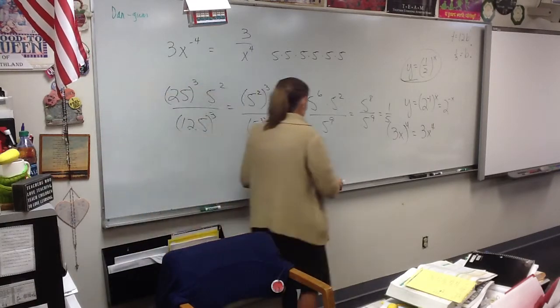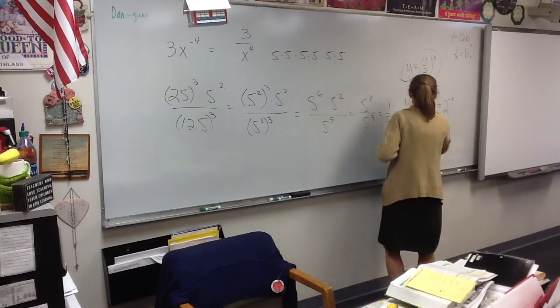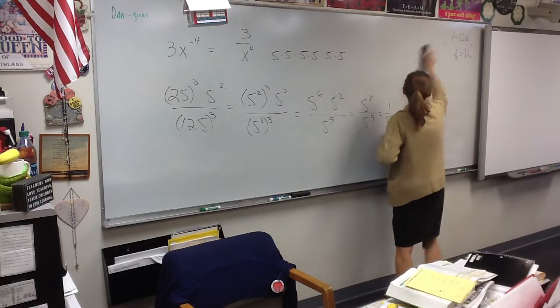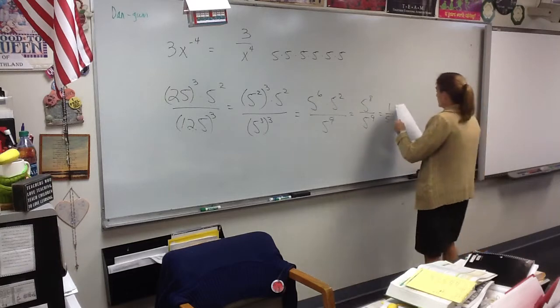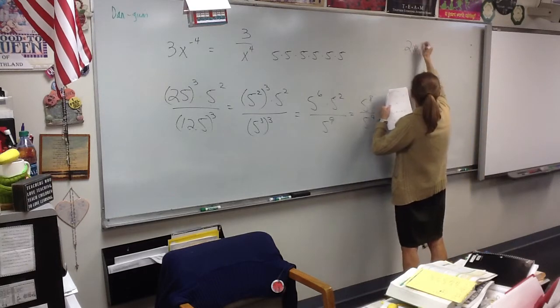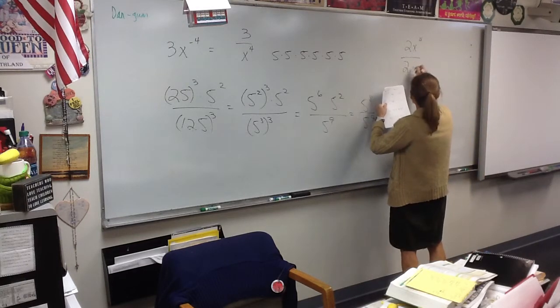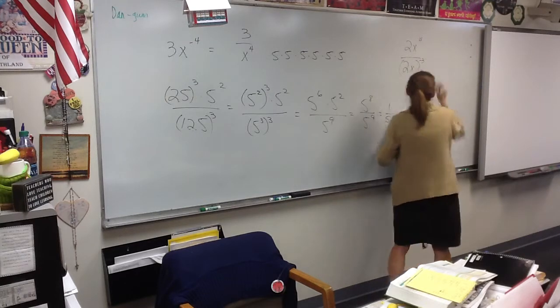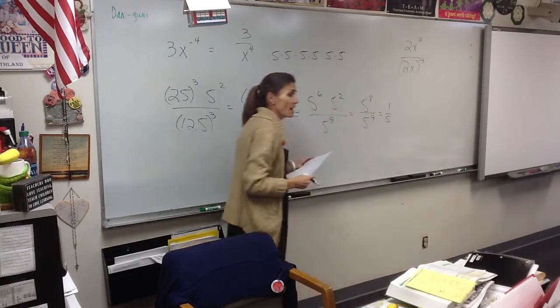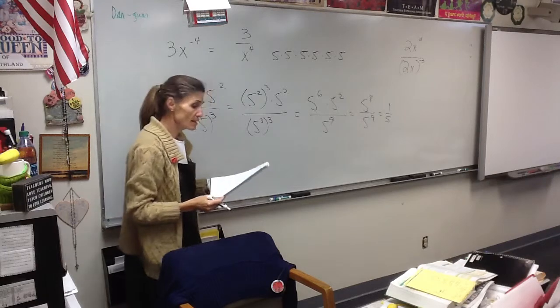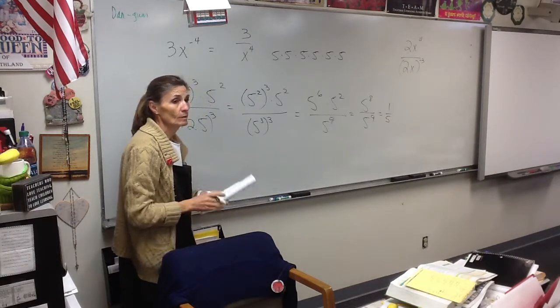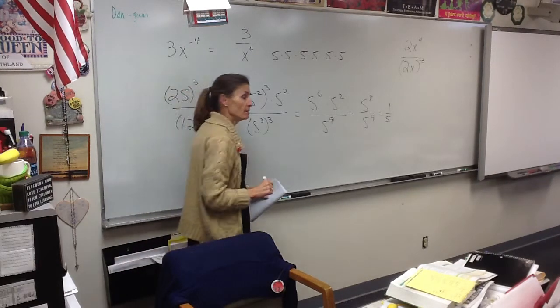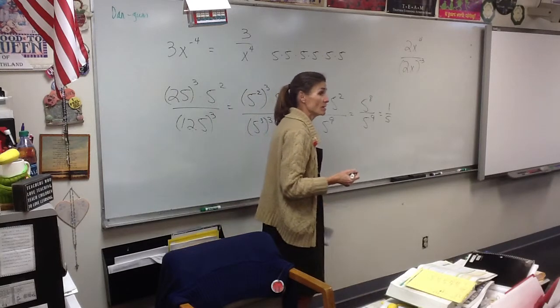Okay, number 3. There is not a darn thing you can do to the top, but you need to do something with the bottom. So what do you think you might do with the bottom? Move it to the top. Kids, it has a negative exponent.